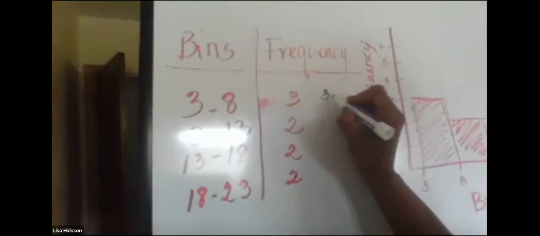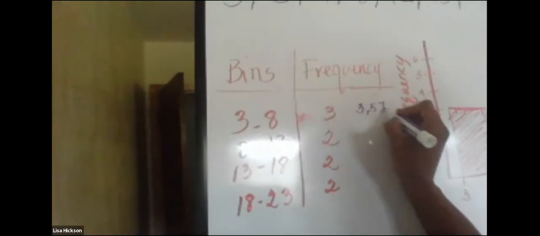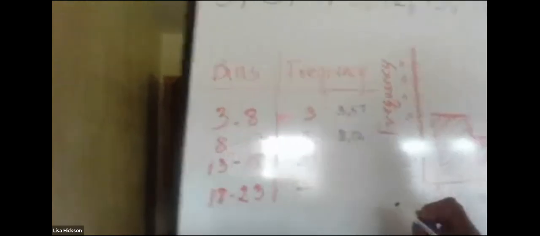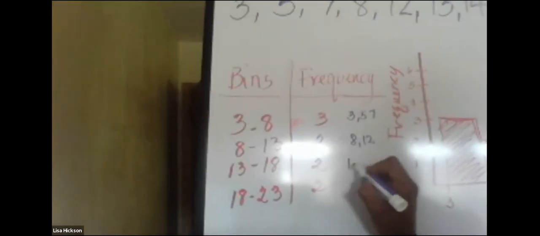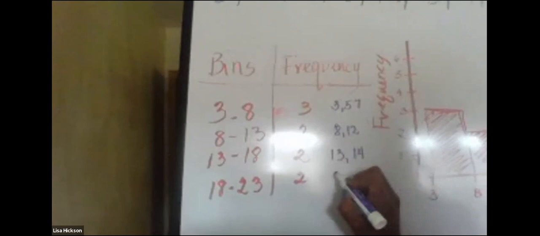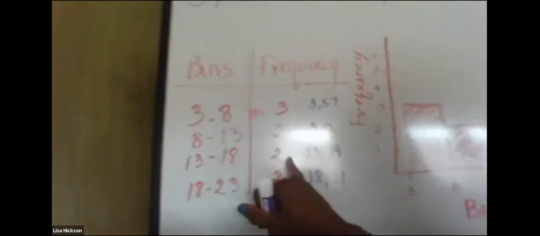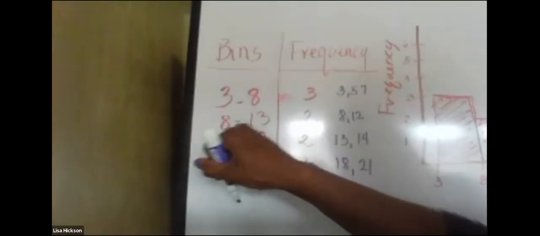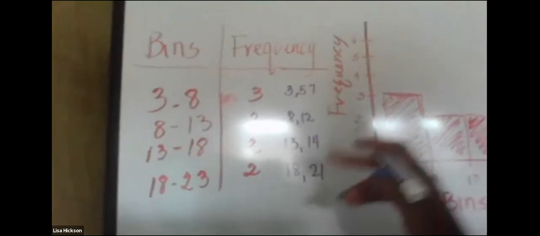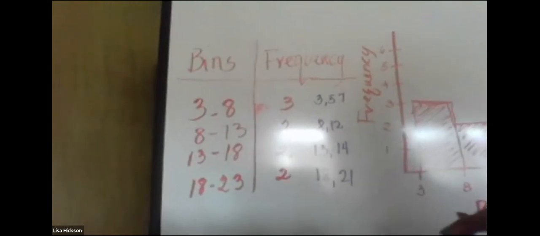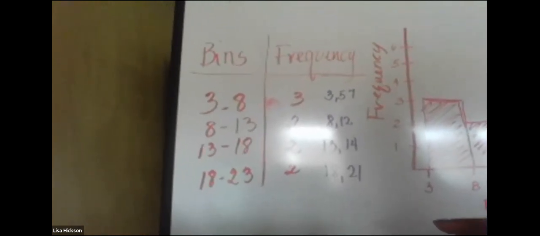And again, if you want to know what was in the bin, this is 3, 5, and 7. This is 8 and 12. This is 13 and 14. And this will be 18 and 21. So in this instance, you see 8 gets counted in the second group, not the first. 13 gets counted in the third group, not the second. And 18 gets counted in the fourth group, not the third.